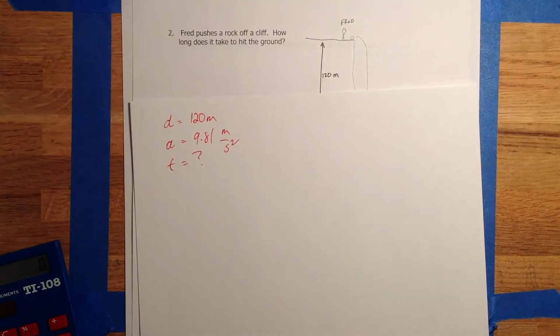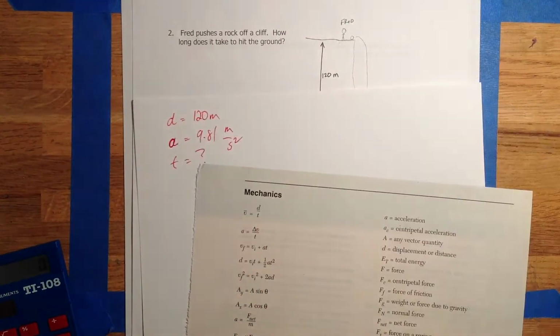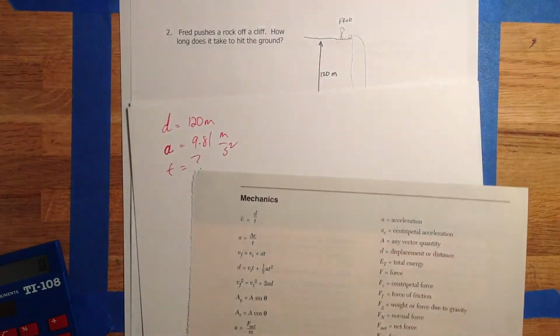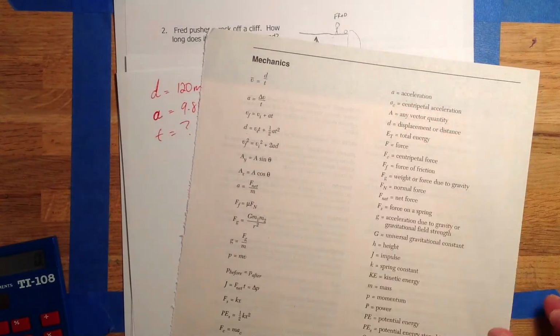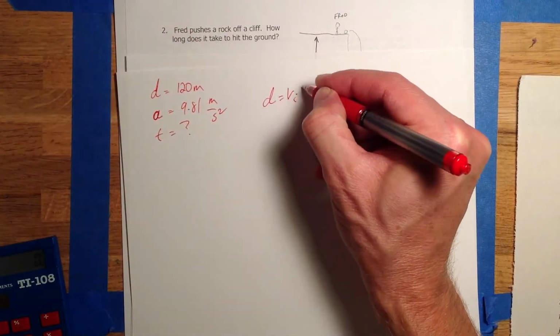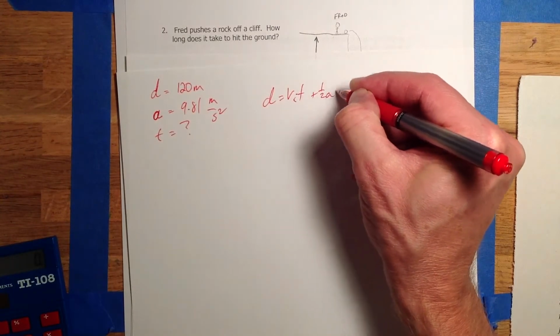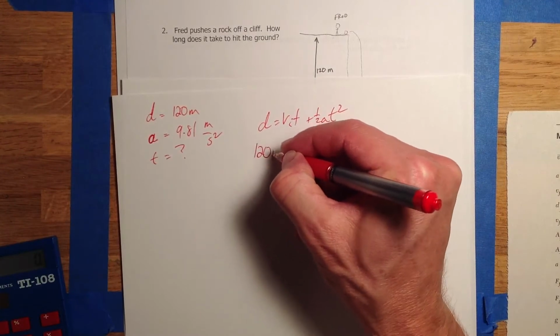So we look at the formula again. I want D, this is an A. I need D, A, and T. And the only thing that's really going to have that is, again, that same fourth equation. D equals VIT plus 1/2 AT squared. Distance, now I know the distance, 120 meters.